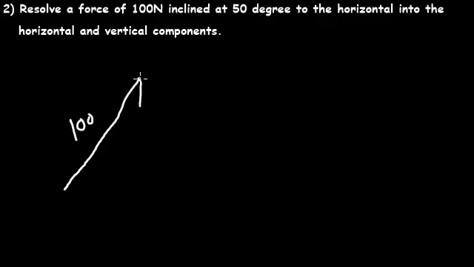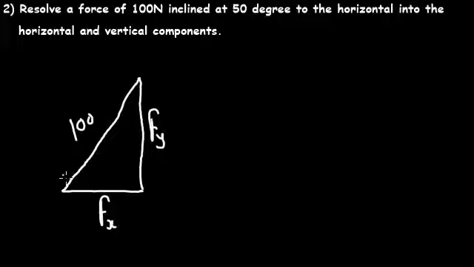This will be its vertical component and this will be its horizontal component. So let the vertical component be f sub y and the horizontal be f sub x. According to the problem, this 100 Newton resultant force is inclined at 50 degrees to the horizontal. So therefore, this angle is 50 degrees.